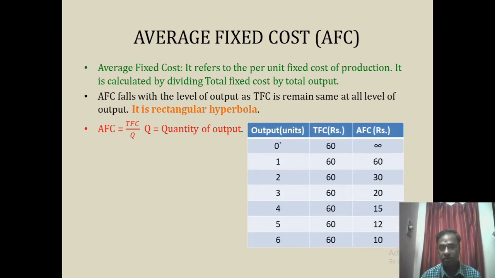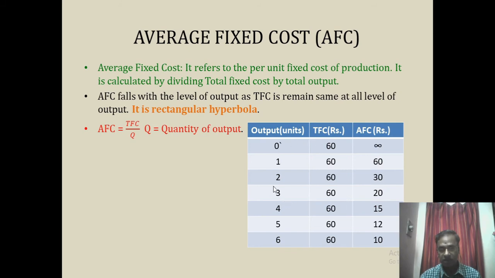This schedule you can see. In this output, TFC is the same, the AFC falls. You see here, 60 divided by 0 is infinite, 60 divided by 1 is 60, 60 divided by 2 is 30, 60 divided by 3 is 20.